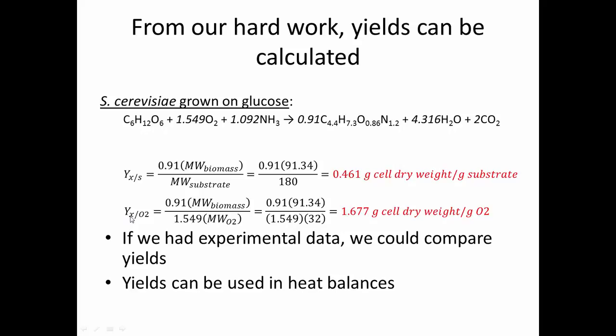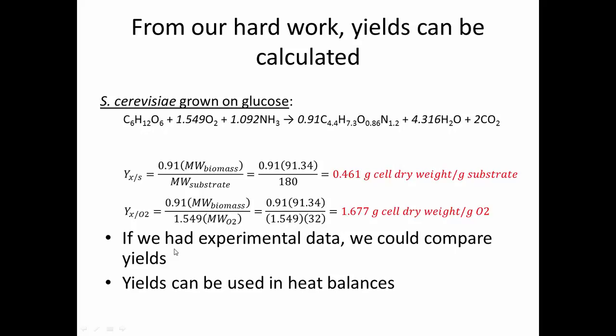We could do the same for the biomass yield per oxygen consumed, and again 0.91 multiplied by our molecular weight of biomass, divided by 1.549 times the molecular weight of oxygen, to give us 1.677 grams of cell dry weight per gram of oxygen.